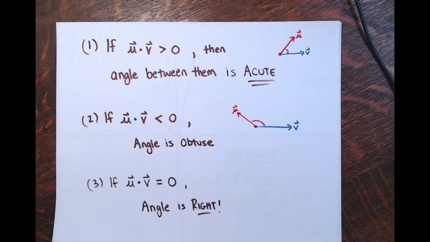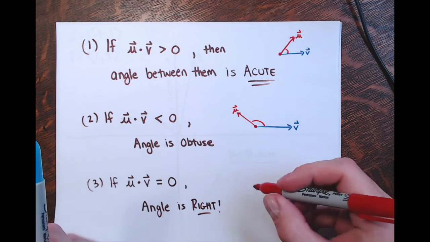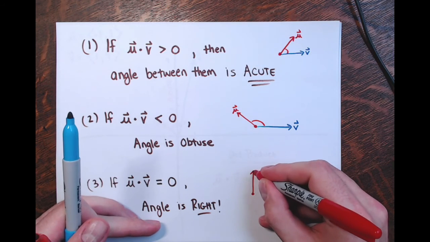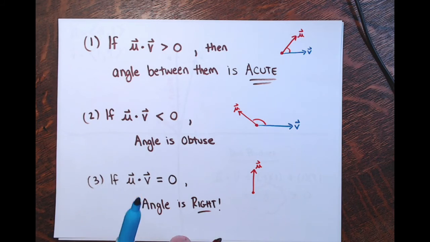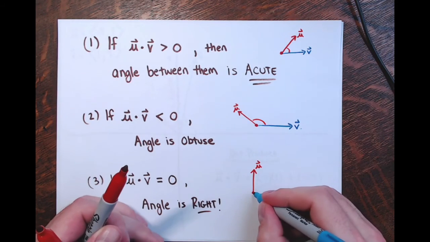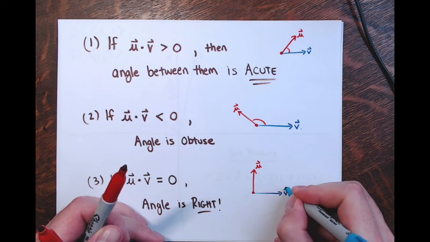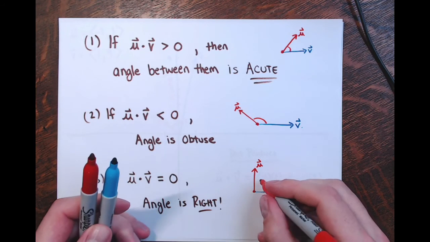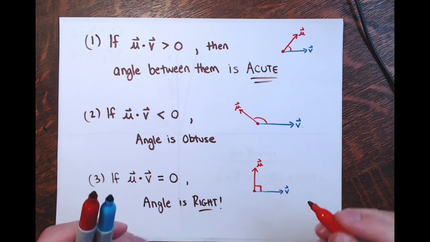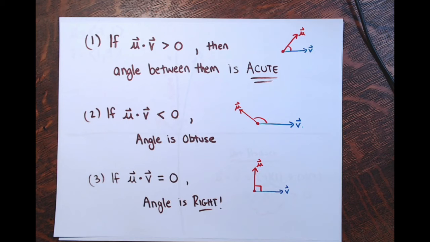So this is a very easy way to determine if two vectors are perpendicular in the xy plane. So say there's vector u, vector v, and they meet at 90 degrees. If you were to draw them with the same initial point, they form a 90-degree angle. If that's happening, the dot product is 0.